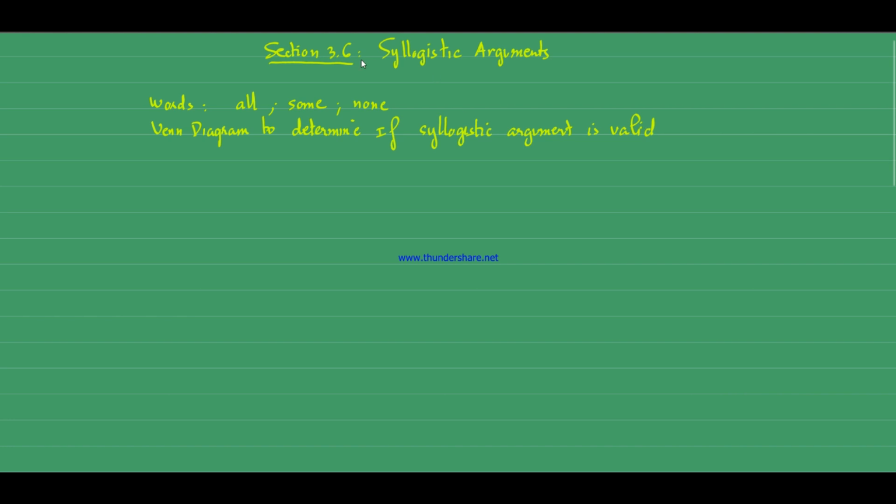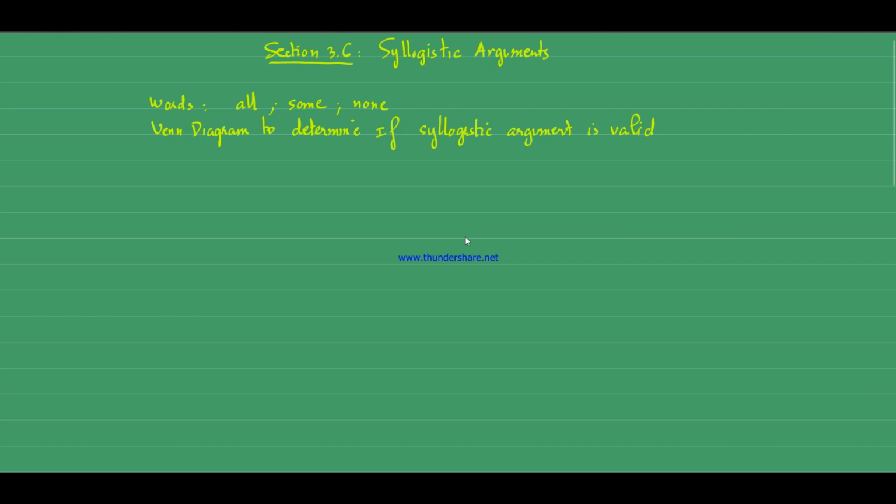Okay, so in order for you to understand if a syllogistic argument is valid or not valid, we just jump into the example right away, and we're going to go ahead and draw the Venn diagram. The strategy to determine if the syllogistic argument is valid is that if we can draw another Venn diagram that contradicts the original argument, then that argument is invalid.